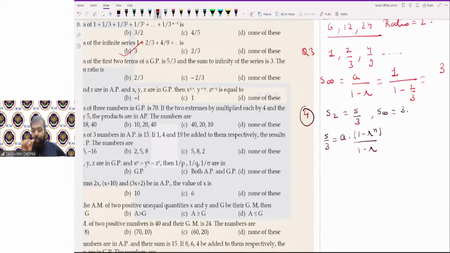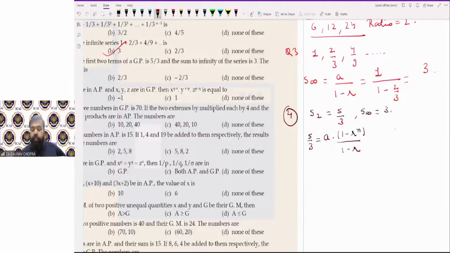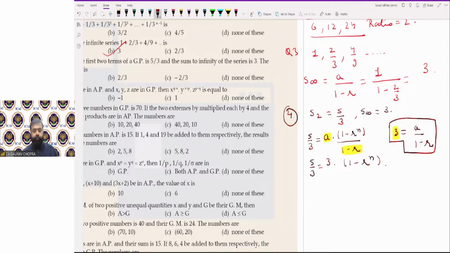Okay. Then S infinity is 3, equal to a upon 1 minus r. So what is the value of a upon 1 minus r? 3. And the same thing is available here, a upon 1 minus r. So in place of this whole thing, what can we write? 3. So a upon 1 minus r can be written as 3. So let's write this. 5 by 3 is equal to 3 into 1 minus r to the power of n.